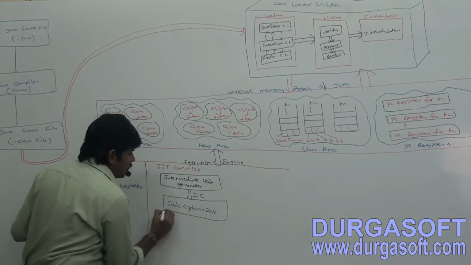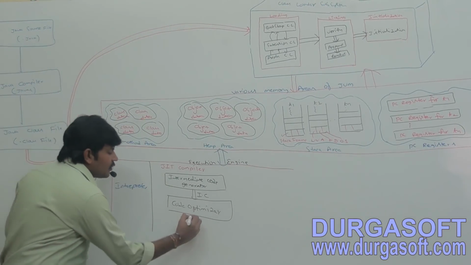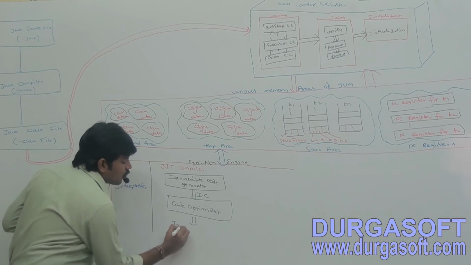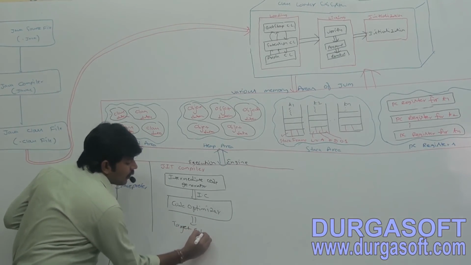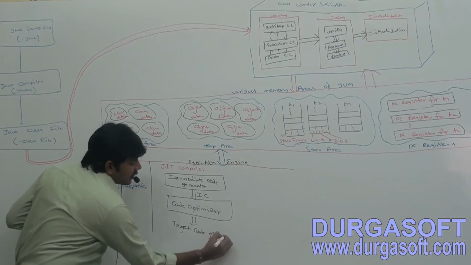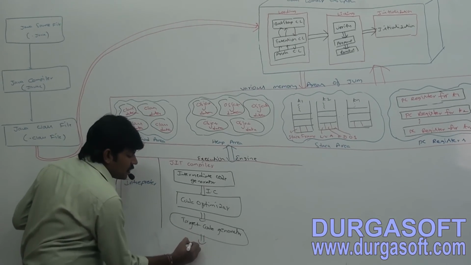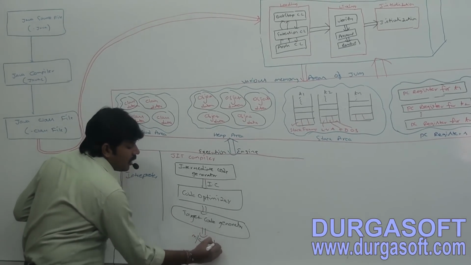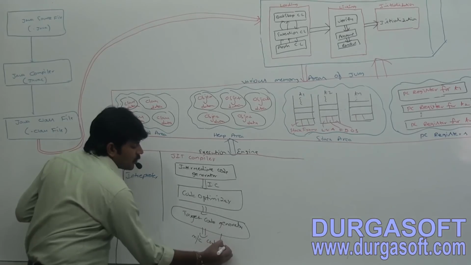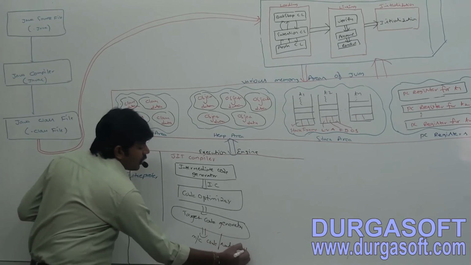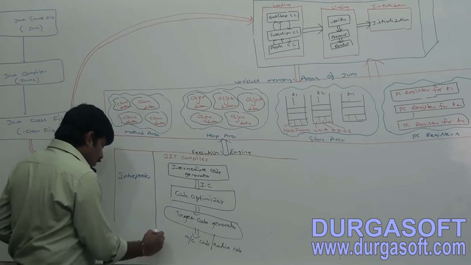And then the next one is the target code generator. This target code generator is responsible to generate machine code or native code.